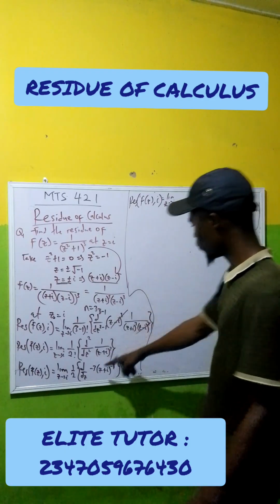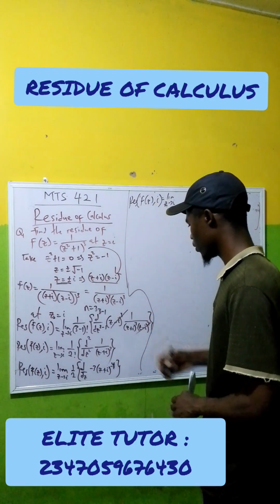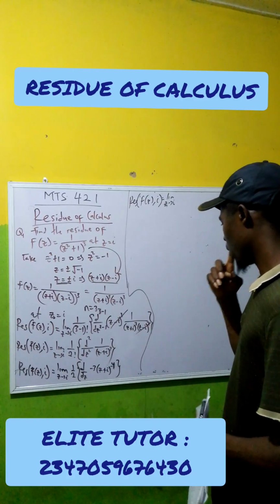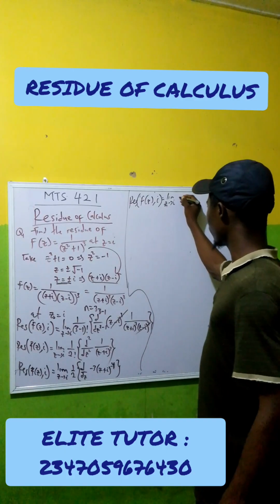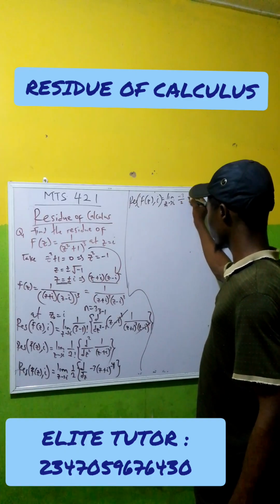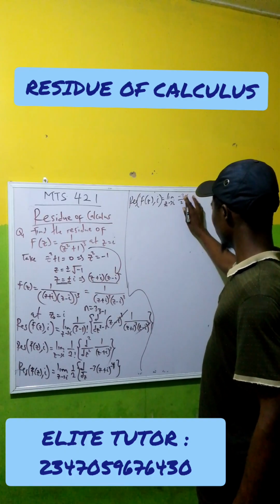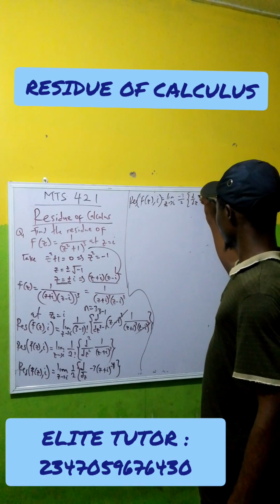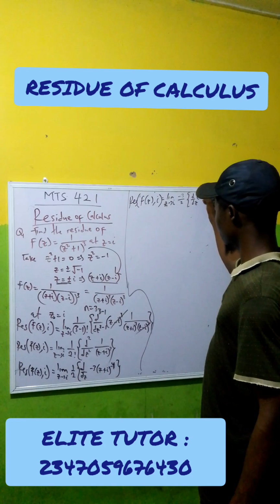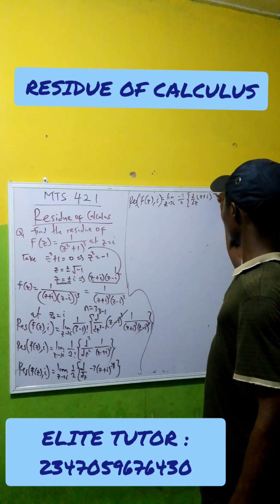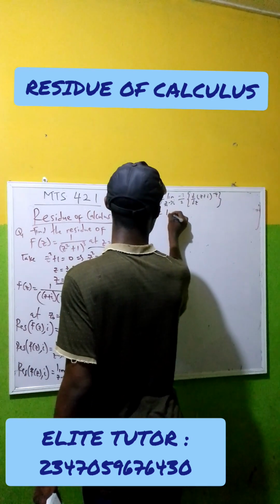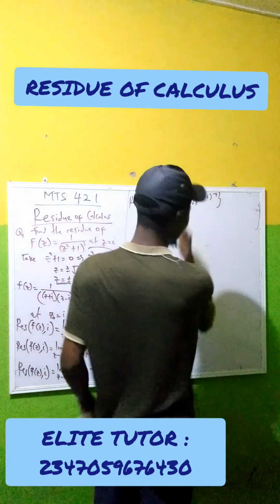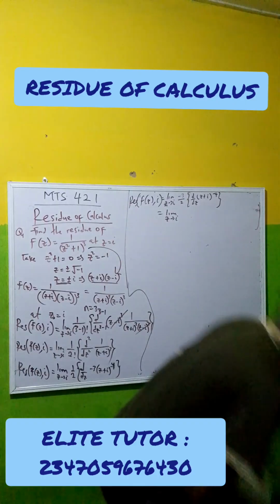Then this one comes out because it's a constant, so we can gladly bring it out. That's minus 3 over 2 into d over dz of z plus i raised to power minus 4. Alright, at this junction we have the limit as z goes to i.